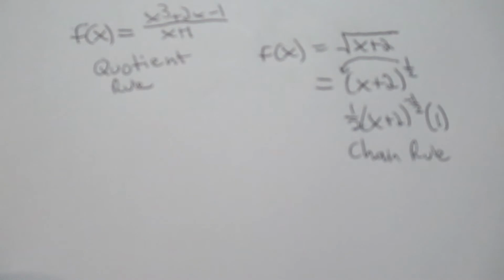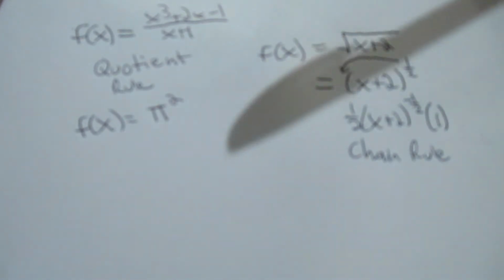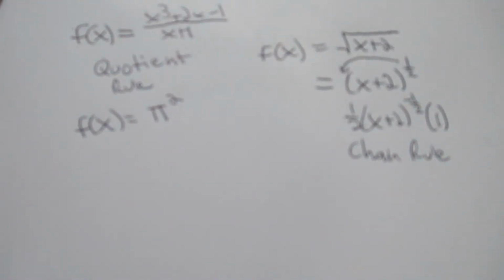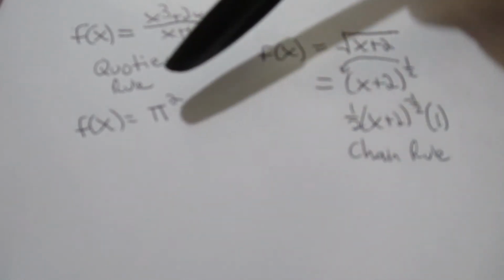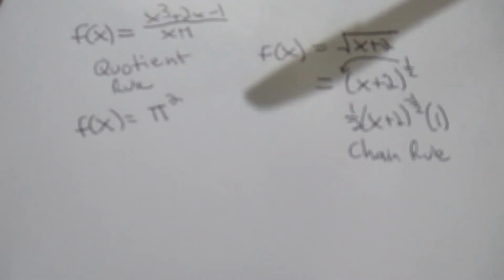Alright, and then for the next one, this one will be f of x equals pi squared. Now I know you might be thinking that's chain rule, or I'm sorry, product rule, but that is actually not product rule, believe it or not, because as you know, pi is not a variable.